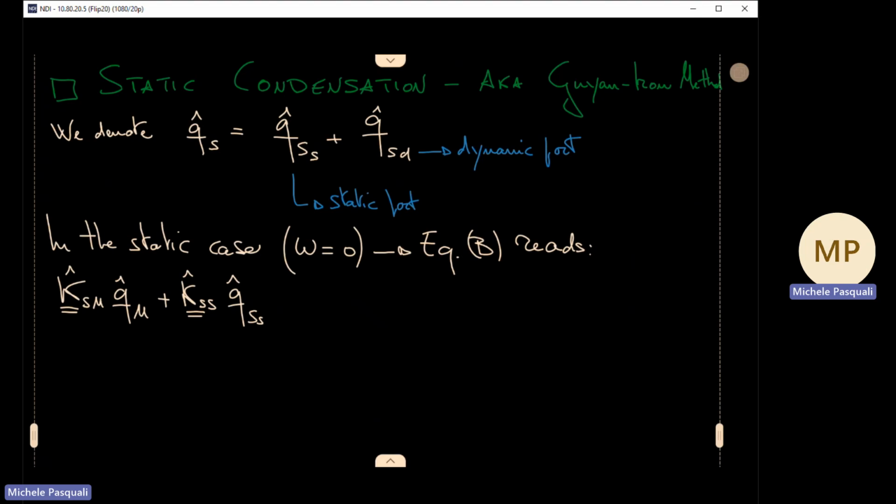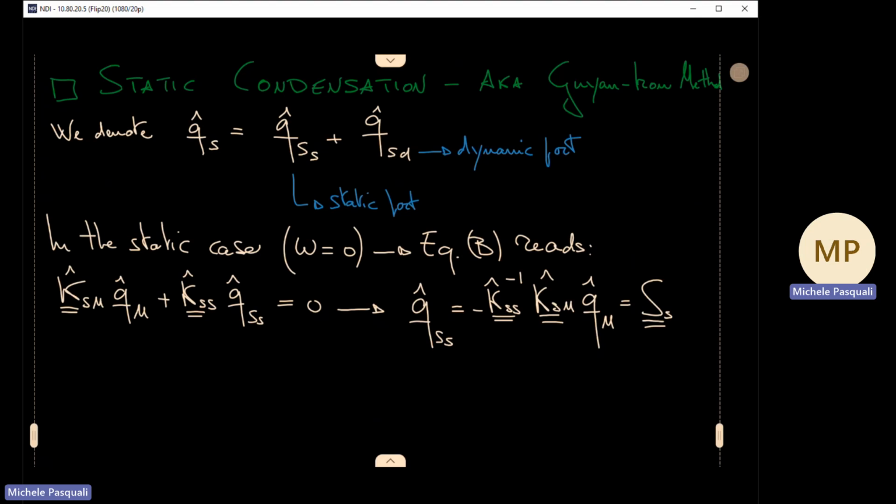Okay, this is equal to 0. And therefore, from here, we can get that this static part of the slave response is minus K SS to the minus 1 applied over K SM, in terms of the master.